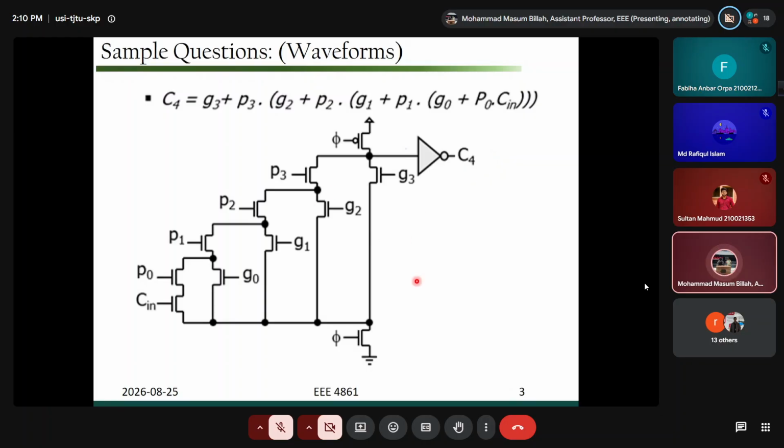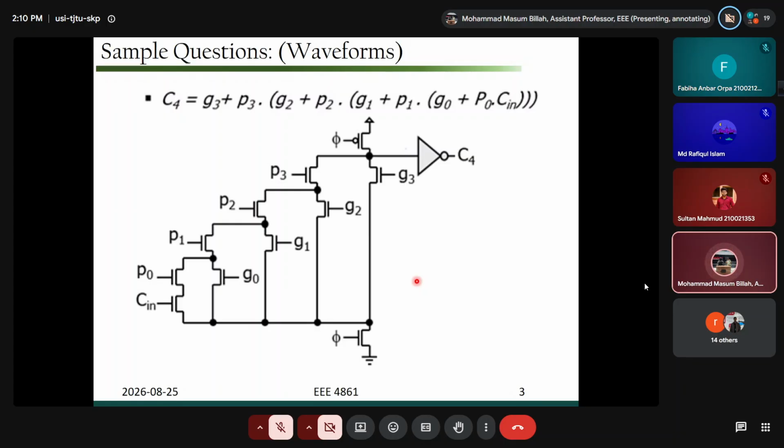So with this carry look ahead formula, from P naught, G naught and C input, you can determine C4. The C4 formula is given here. This kind of formula will be given to you maybe in the exam. What you need to do: there will be binary data.